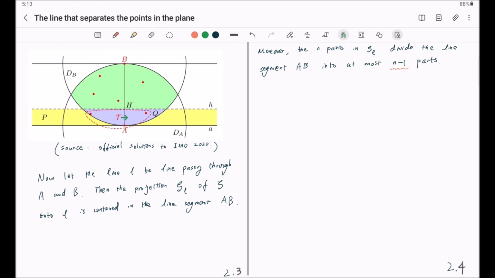This line segment AB will be divided by the projection of the other n-2 points, into at most n-1 parts, because some of them may have the same projection image. So this is really at most n-1 parts. It might be less than n-1 parts. Each of length less than 2 delta.